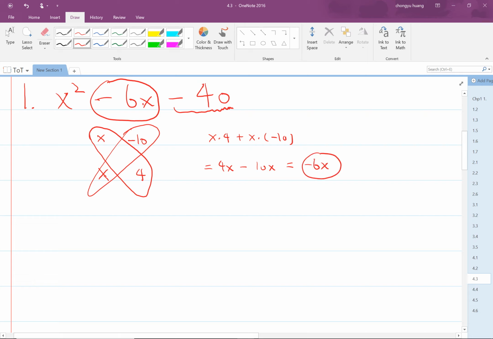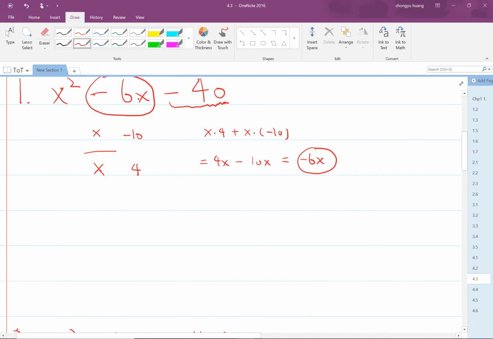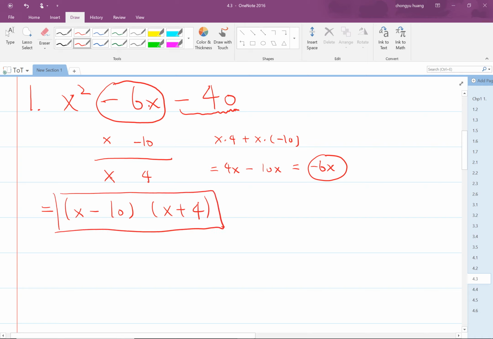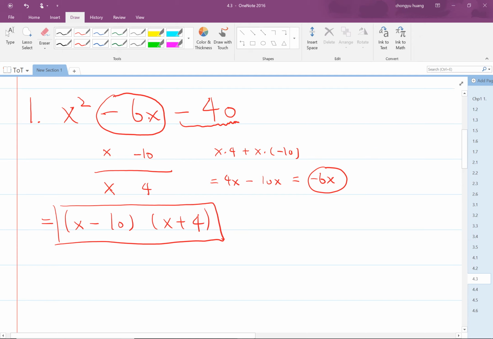So the combination is right. We put the cross and finish the factoring, so the solution is x minus 10 and x plus 4.